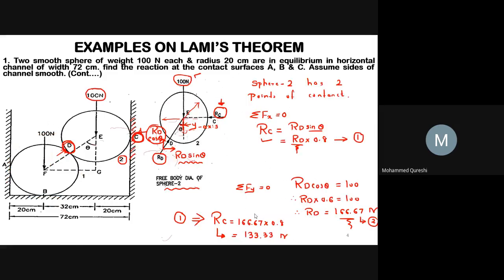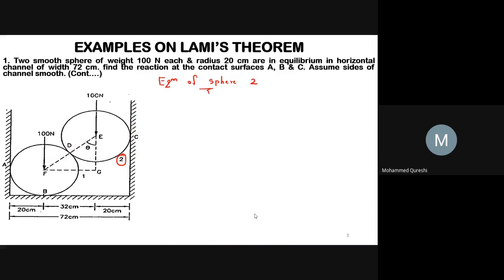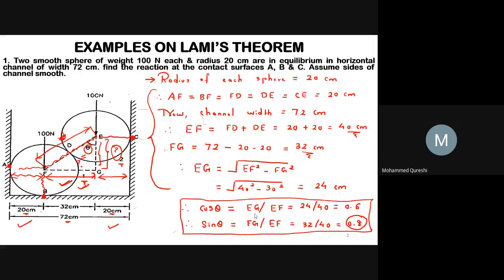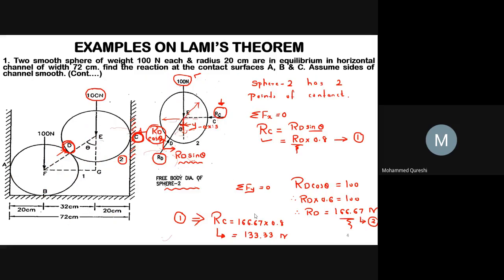So we had calculated the reactions at the contact surfaces A, B and C. First of all, find the cos component and sin component with respect to theta from the given figure. Then draw the free body diagram for sphere 2 and calculate the contact reactions.